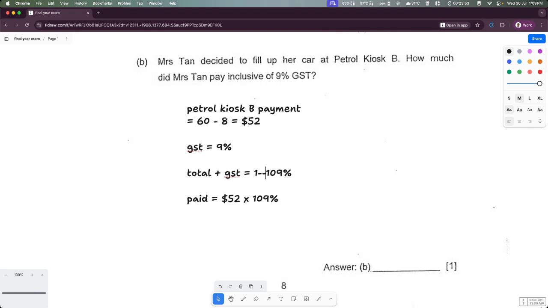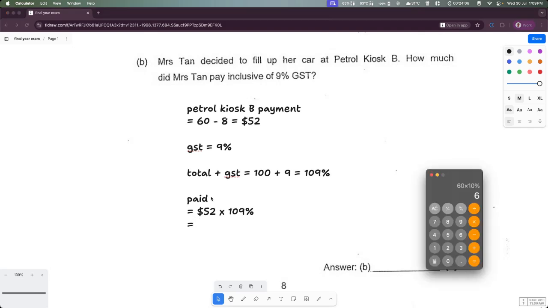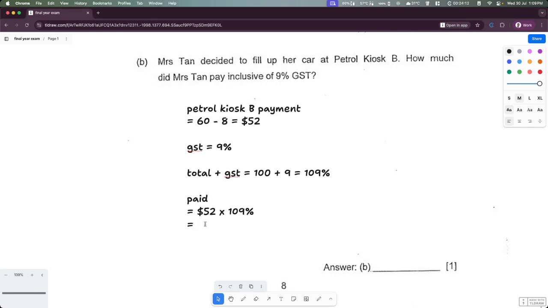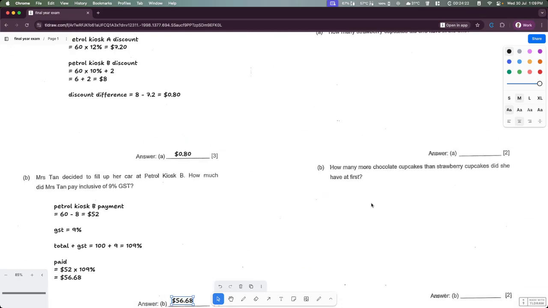Because 100% plus 9 equals 109%. So that's a quick tip right there. Let's use the calculator. 52 times 109% is $56.68. And that's the answer, $56.68. All right, let's move on to the next question.